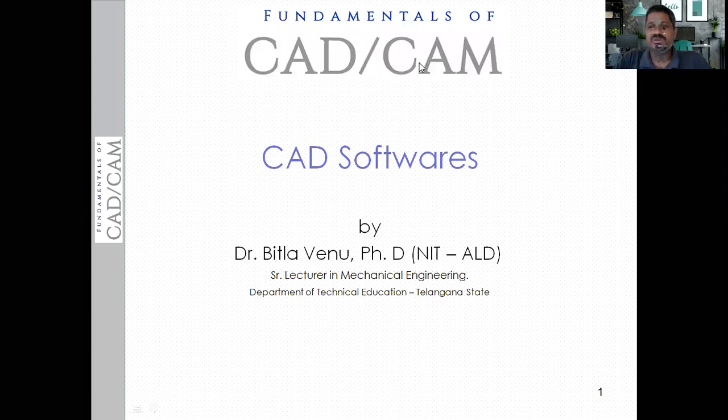Of course, you also have opportunities on the modeling side, like Unigraphics, CATIA, ProE, SolidEdge and SolidWorks. These are the geometric modeling software commercially available outside.